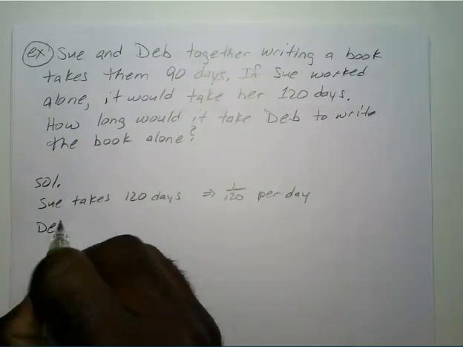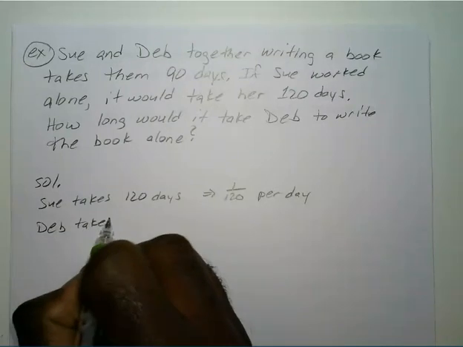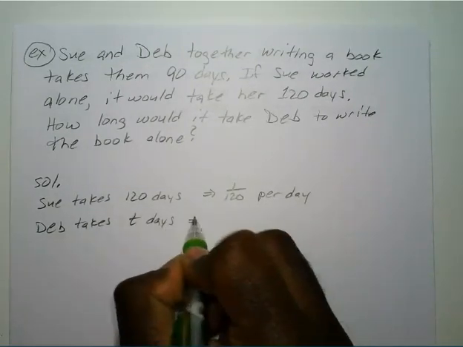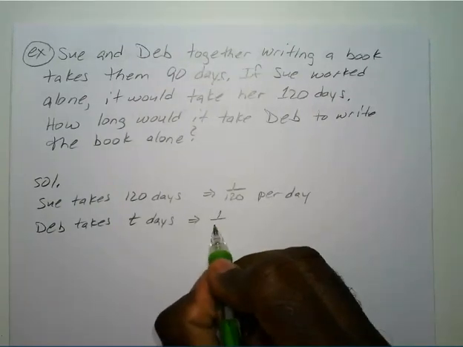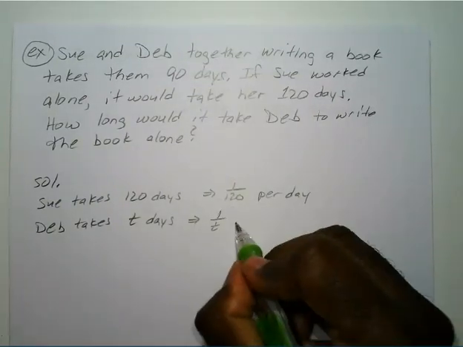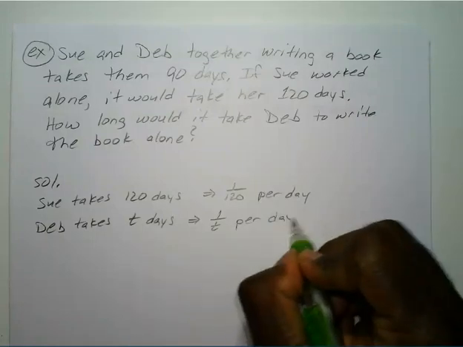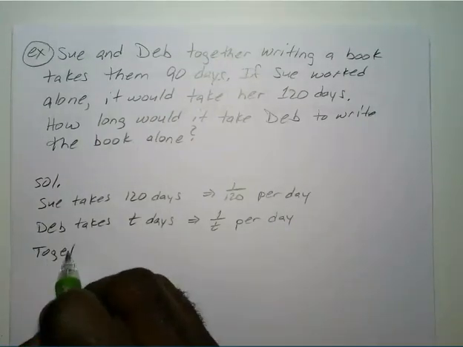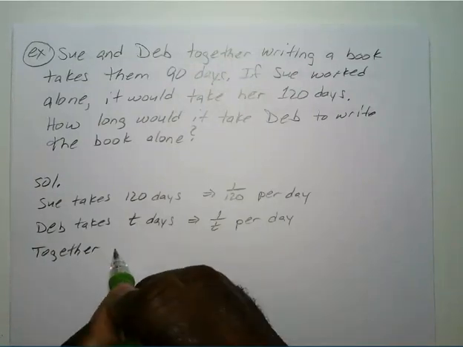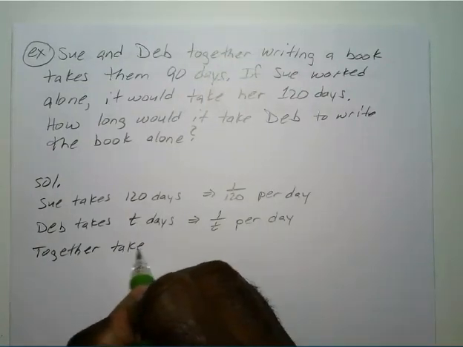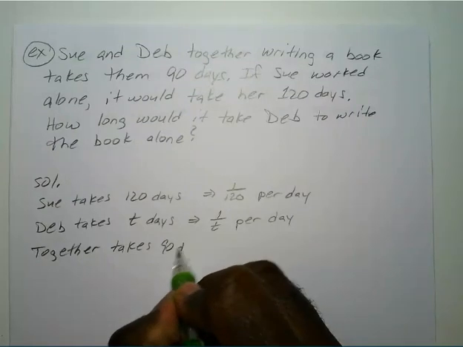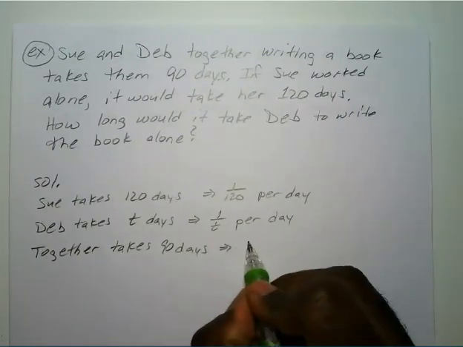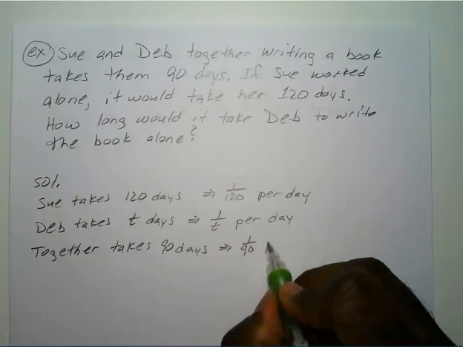If Deb takes, let's say, T number of days, it takes her 1 out of T per day. And together, it takes them 90 days, which means they finish 1/90th of the book per day.